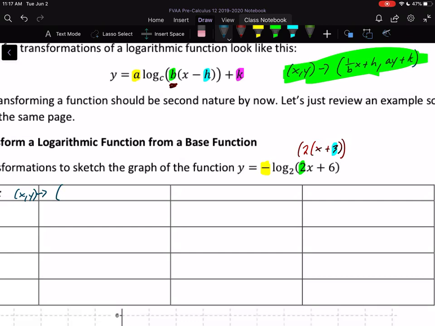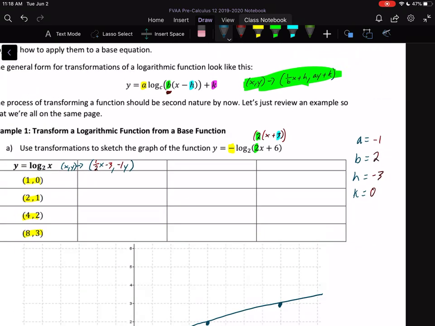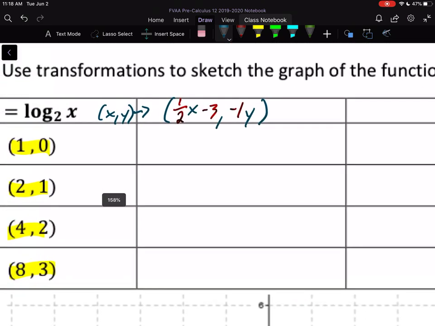We determined that b is 2, so it's 1 over 2 x plus h. In this case, h is minus 3. So minus 3. And then a is negative 1 y plus k, in this case plus 0, so we don't have to put anything. And that would be our mapping notation based on this transformation.